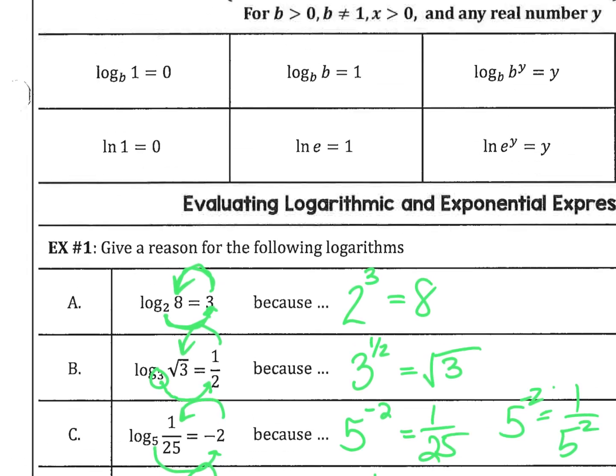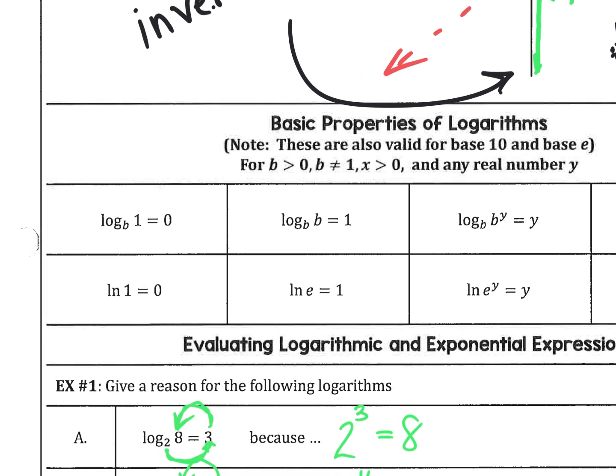Now look at what I'm showing you. Log base b of 1. Any log of 1 is equal to what? Think about why that is. b to the what? b to the 0 power. And what is anything to the 0 power? 1. So log base anything of 1 is 0. That's a property. Notice that log base b of b is 1.